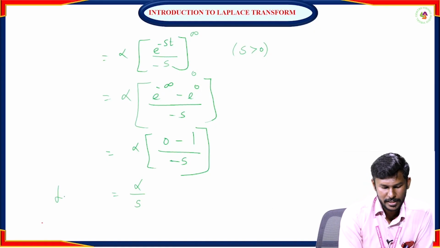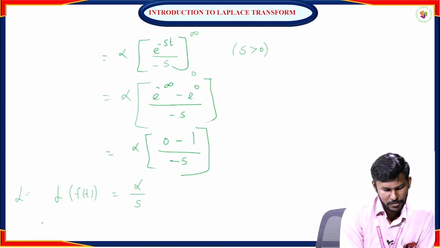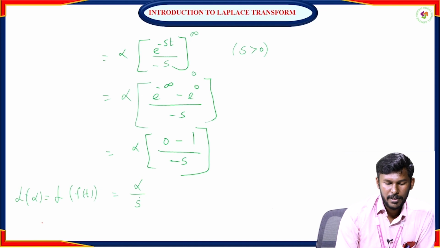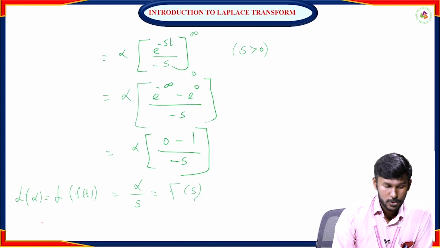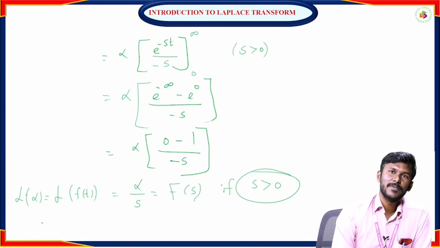So Laplace transform of my f of t, what is my f of t? f of t is alpha, and the Laplace transform of alpha is alpha by s, this is my output, capital F of s. This is true only when s is positive. This is more important.